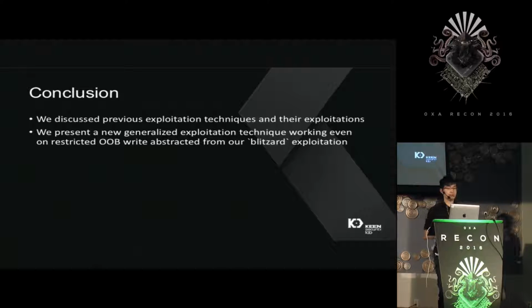So in conclusion, we have discussed previous exploitation techniques and their mitigations by Apple, and we have presented a new generalized exploitation technique: even if you only have a restricted OB write, you can still use it to get a 100% stable kernel root exploit.